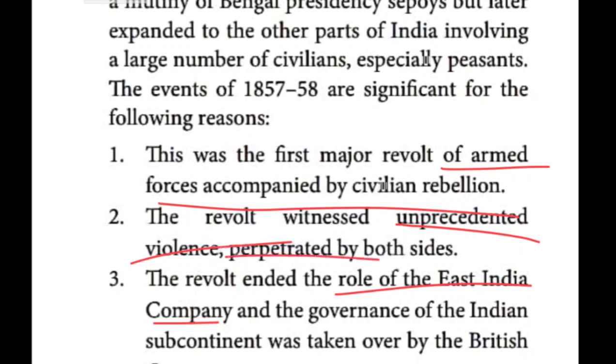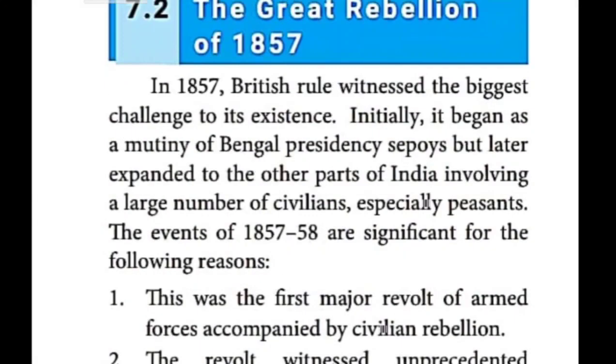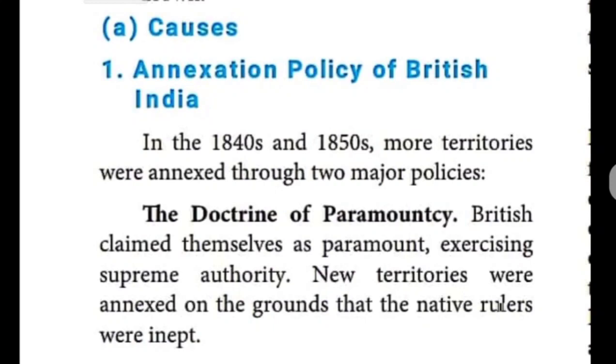The third point is that the revolt ended the rule of the English East India Company, whose power went under the control of the British Crown. Okay, children, the next thing given is causes.